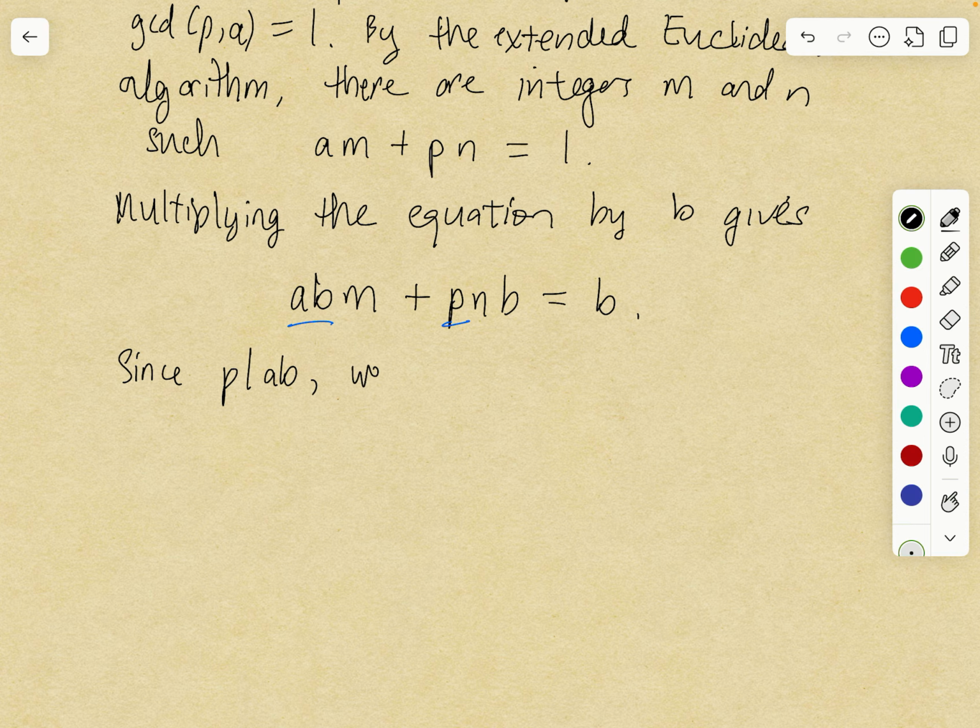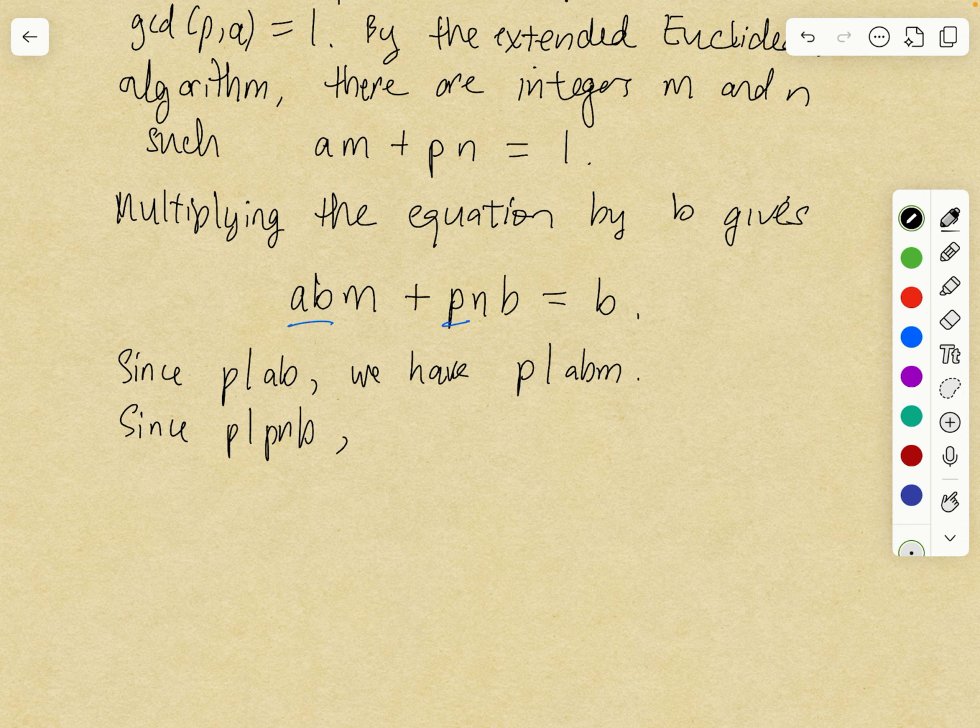And p also divides pnb. And if you have a number that divides two things, it must divide the sum of the things.